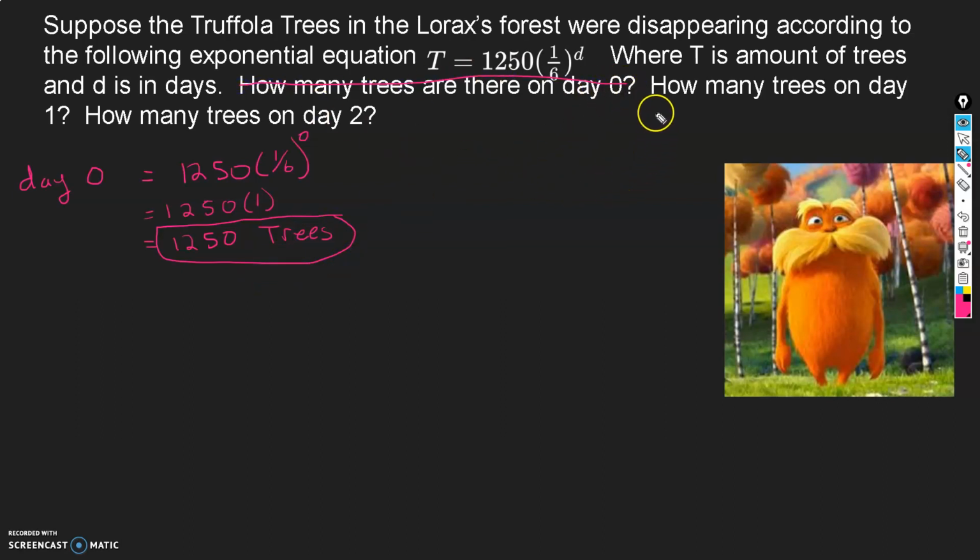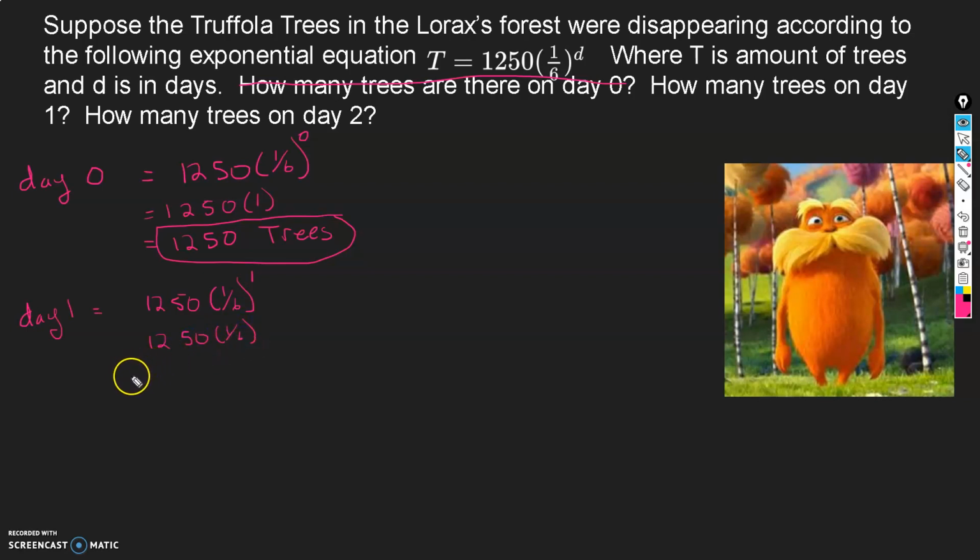Boop, done with you. How many trees on day 1 and how many trees on day 2? Okay, so on day 1, what happens to this guy's forest? 1,250 times 1/6, day 1, so d is equal to 1. Anything to the first power is itself.